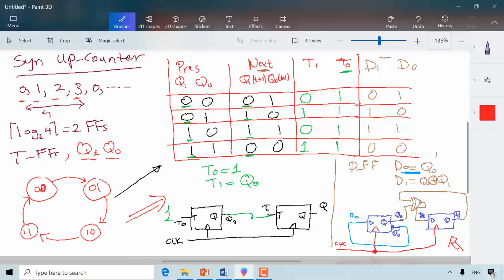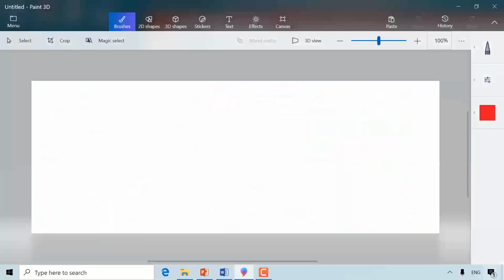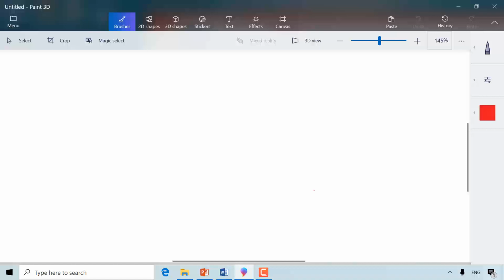Well, we talked about the up counter in terms of the general design process. We said that we will explain the general and then the simplified. Let's talk about the simplified process. The simplified process says the following. Suppose I have 3 flip-flops and I'm counting from 0 0 0 all the way to 1 1 1.